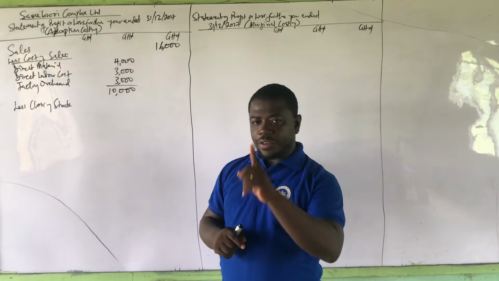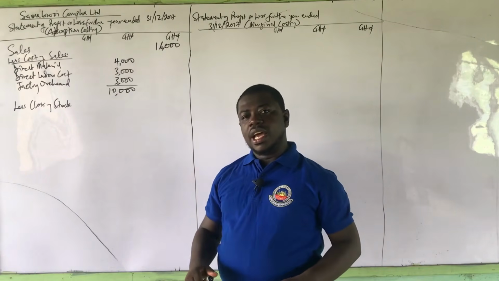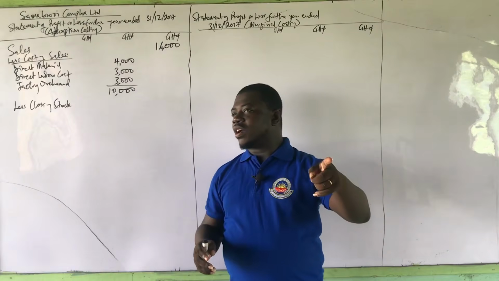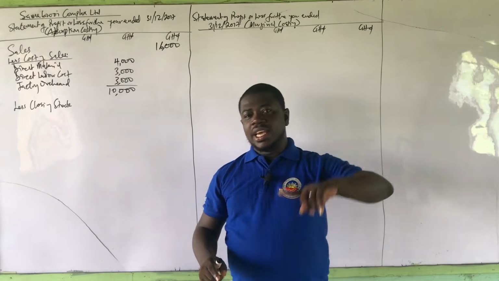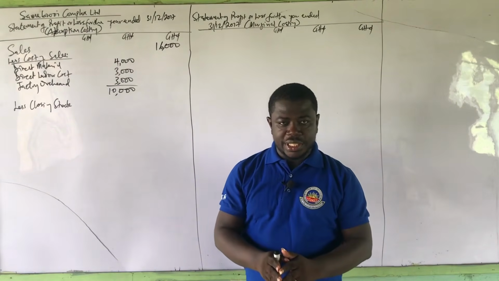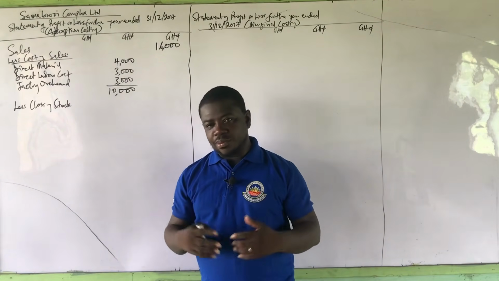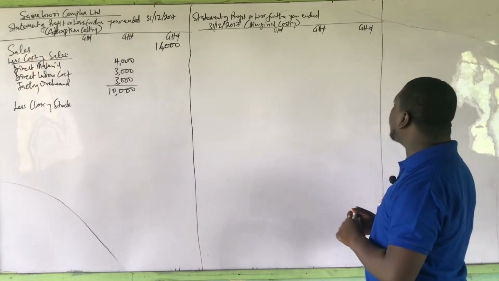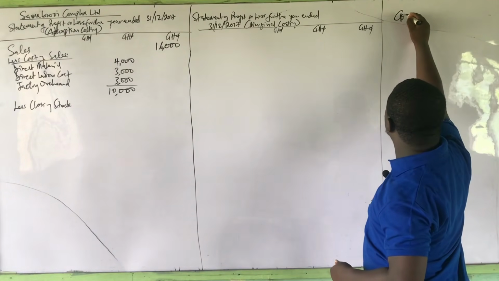If 2,500 units is costing us 10,000, how much will 500 cost us? So you can do your 2,500 maps to 10,000 and then 500 maps to X. You do your cross multiplication. If more, less divide; if less, more divide. So we are looking for the less. So we can straight away see this is how you go about it. Closing stock valuation.